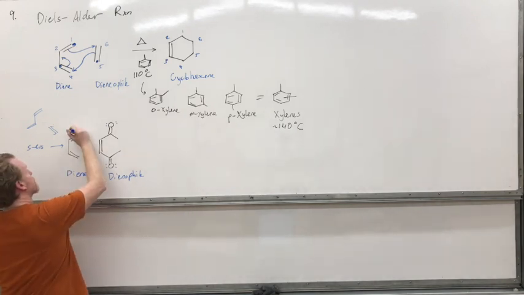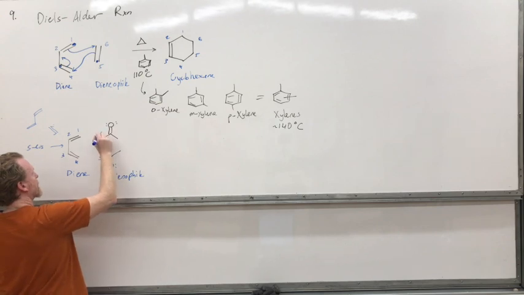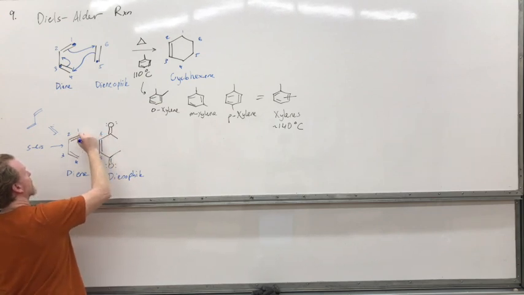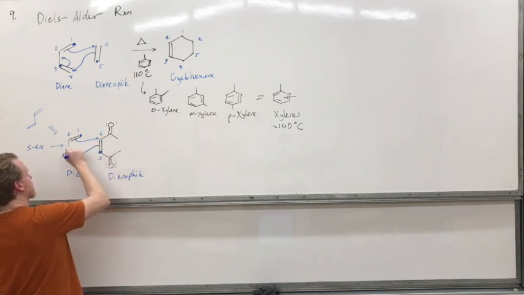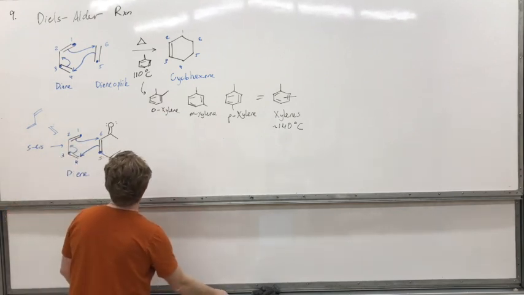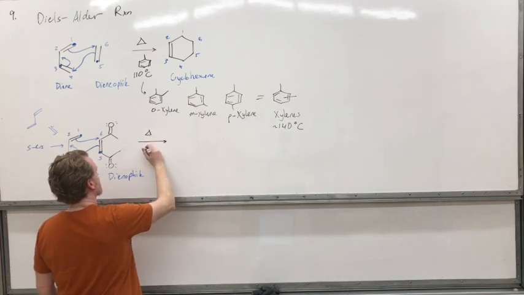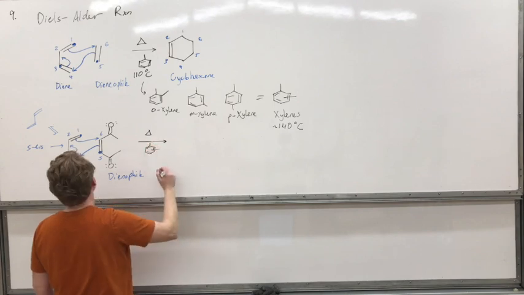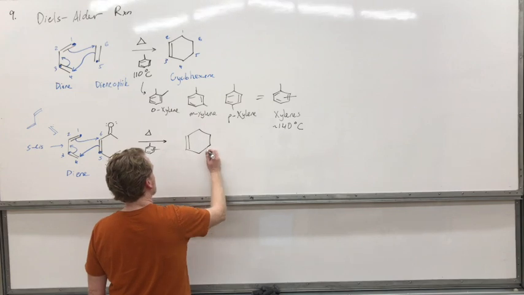So we can number it the same: 1, 2, 3, 4, 5, 6. And I'll show the hinge again here, hinge here, hinge there. Let's say we're heating this up in xylenes again. And we will get, again, cyclohexene.